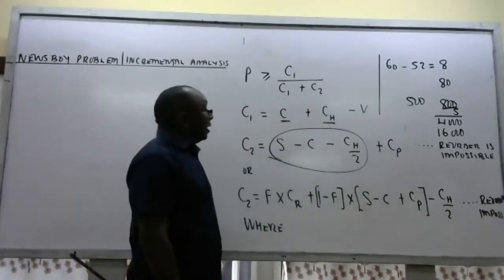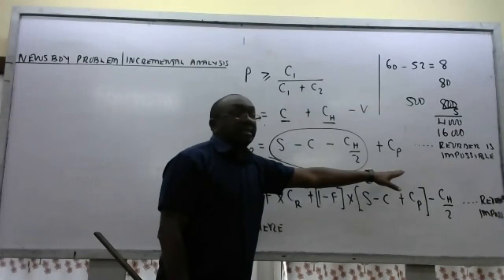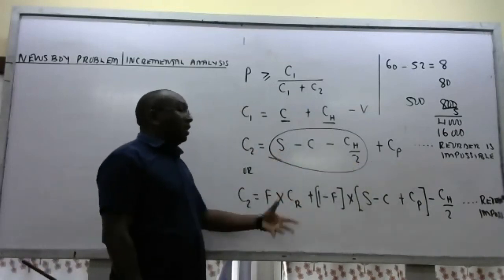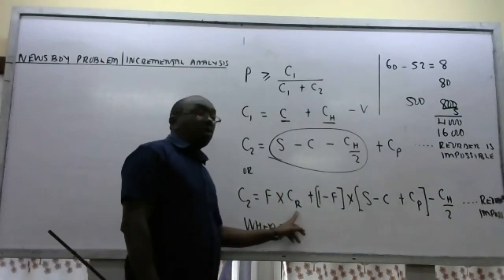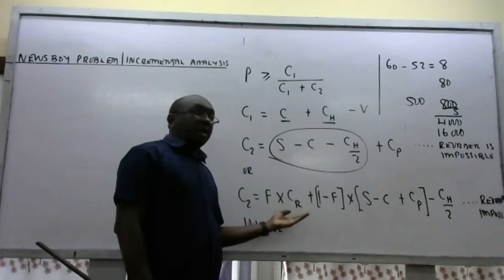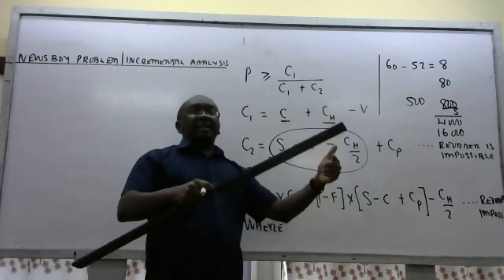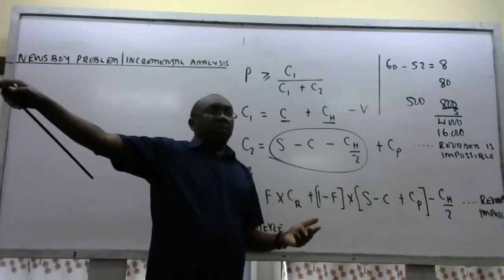The other thing is that this one is used where reorder is impossible. But if customers can wait, we revise the formula. So we have those who are waiting times the cost of reordering. Now this one is slightly different from the others because you have to do it in a hurried way. Like maybe you call a colleague who has it in another shop and ask them to bring it to you.